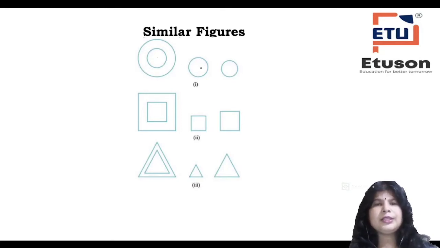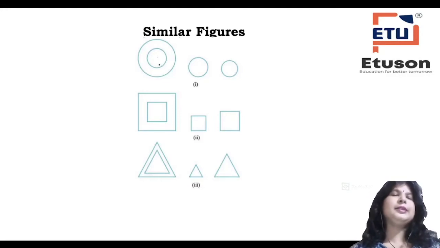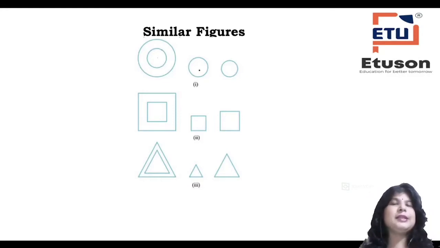This too looks congruent, but you need to measure to prove the congruency, that whether the radius of this circle and that circle is the same. If it is the same, you can tell that these two particular circles are congruent to each other. Correct? But without any hesitation, you can tell that all these are circles and they are similar in nature.